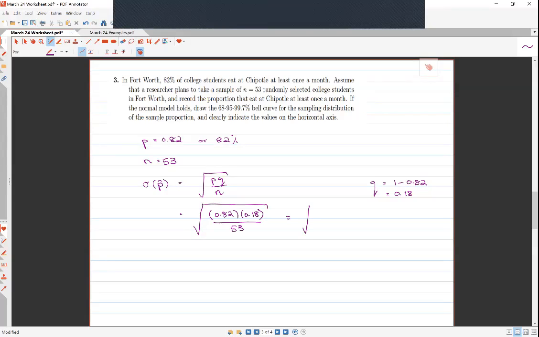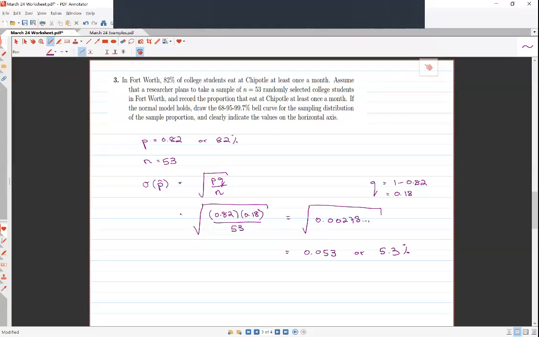So square root of, if I do that inside calculation, I want to take square root of 0.00278. And if I now take that square root, I get 0.053 or 5.3%.